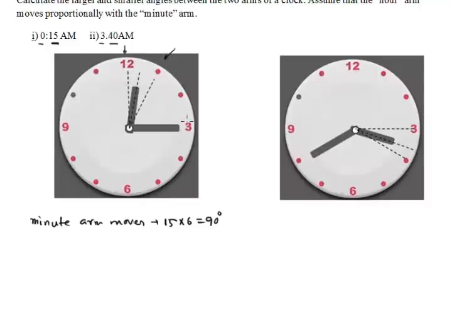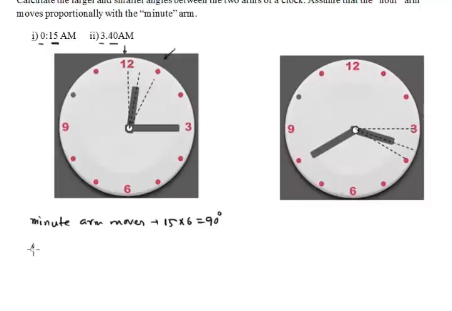We already know, because 12 hours is 360 degrees, 1 hour is 30 degrees. So in a total of 60 minutes, the hour arm moves from here to here, that is 30 degrees. So for any fraction of minutes, the hour arm will move in between.